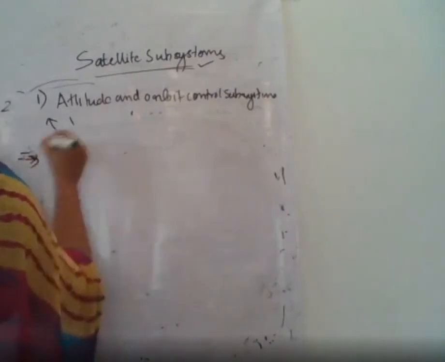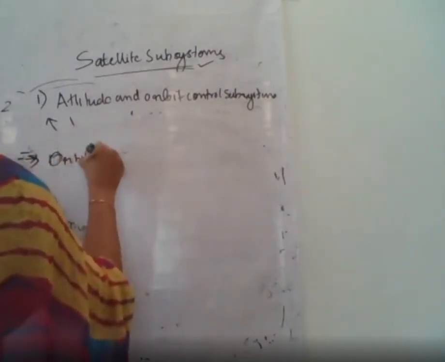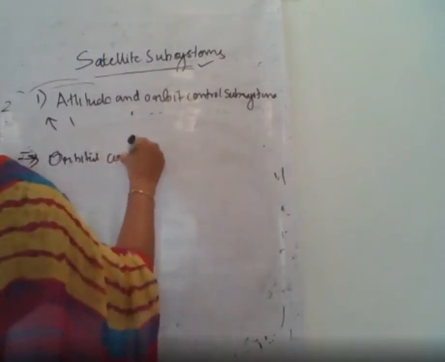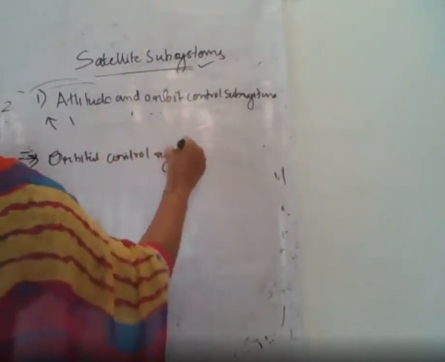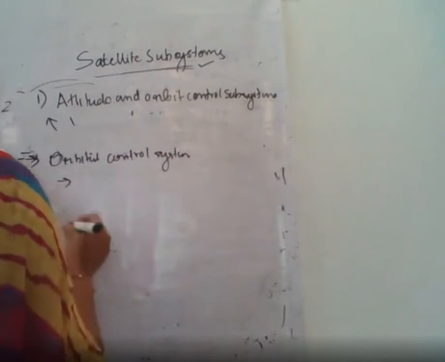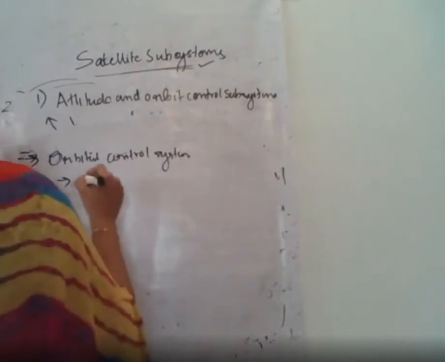So here the orbital control system should be able to move the satellite back to the equatorial plane.